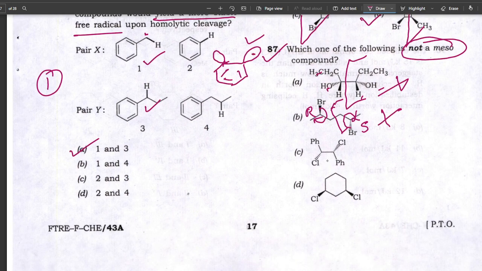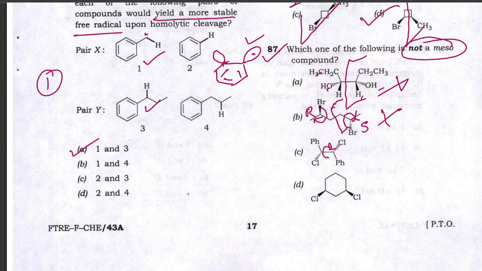For this molecule you can do the same. You just rotate it, or you can do the nomenclature itself. If you find RR or SS, then definitely this is not meso. But if you find RS or SR, then definitely that is meso. Here I'm not doing the R and S nomenclature, I'm just rotating that single bond.